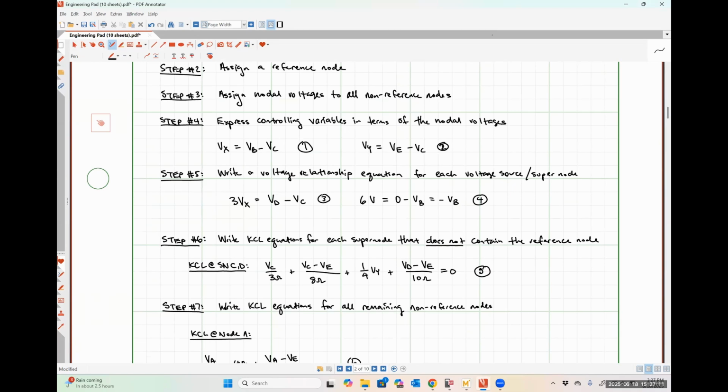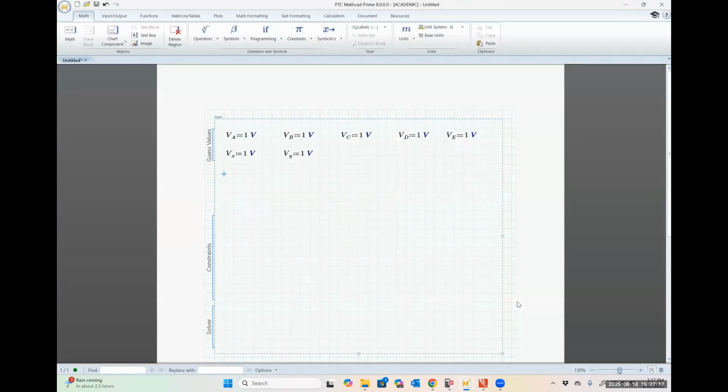So my first equation is going to be Vx is equal to Vb minus Vc. Here I'm going to do Vx, and now I'm going to press Control equals, and it gives me this boldface equal sign. Now over here I'm going to do Vb minus Vc.